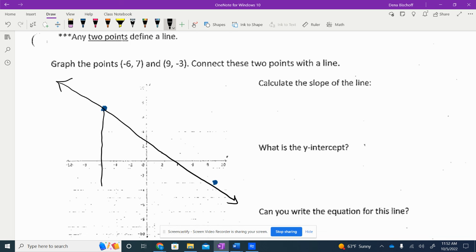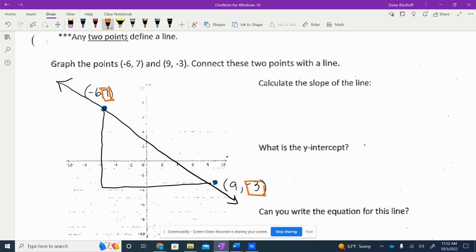So let's count our slope between these 2 points. Remember that this is the ordered pair -6, 7. And this is the ordered pair 9, -3. So we're looking at the rise, the change in the y. I went from a +7 to a -3. How much is that? To go from +7 to -3.